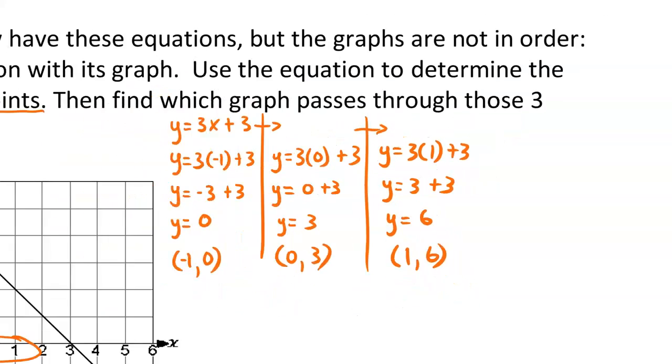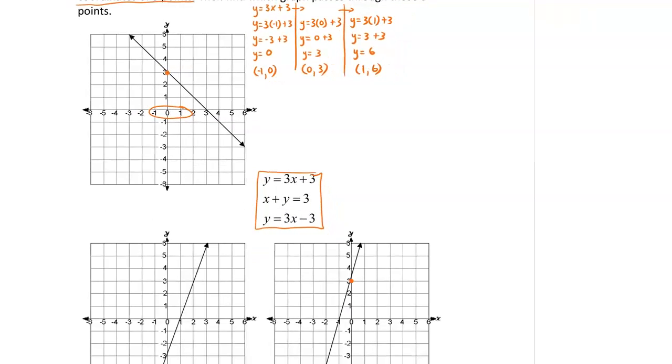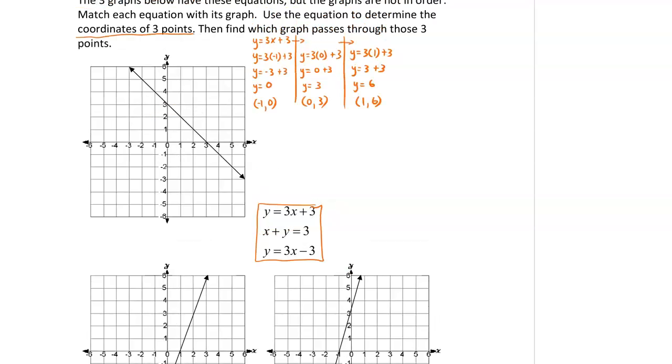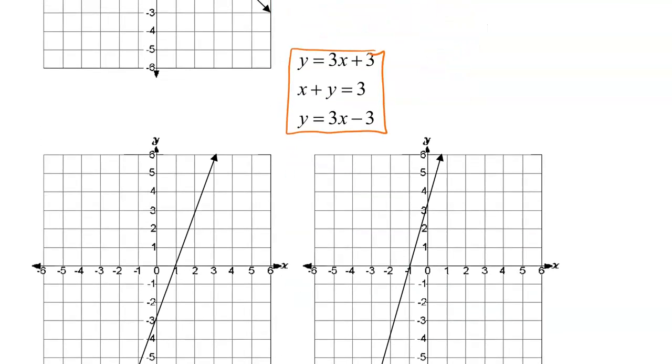So we have to look at the 3 different graphs now and determine which point belongs to which graph. If I look for my first one here of x as -1 and y as 0, we know it's not going to be this one here. It's not going to be this one.